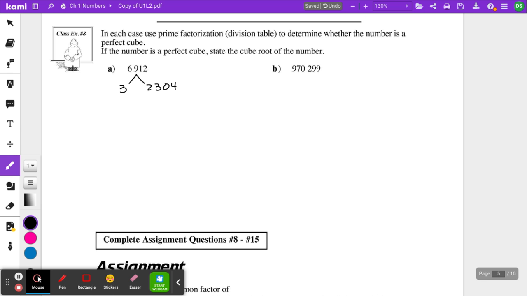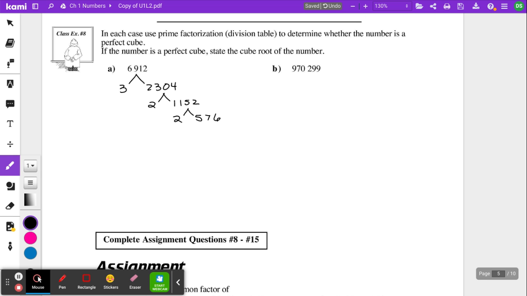All right, let's deal with 2304. What goes in? Quick. 2, how many times? 1,152. Okay, we're going 2 again. How many times? 576? Yep.